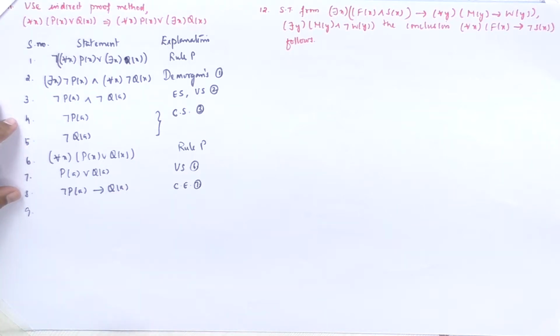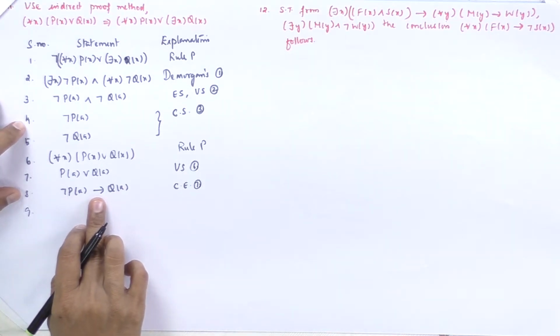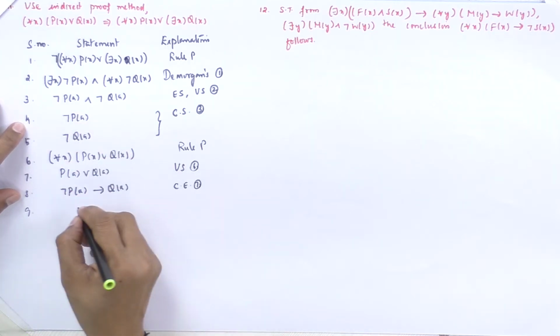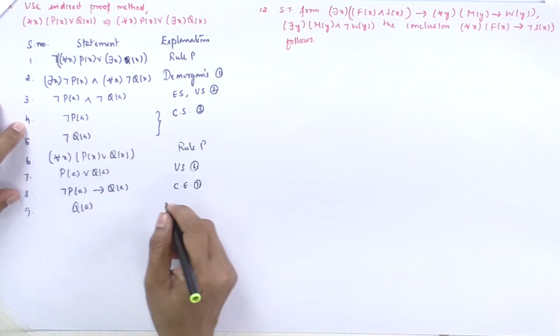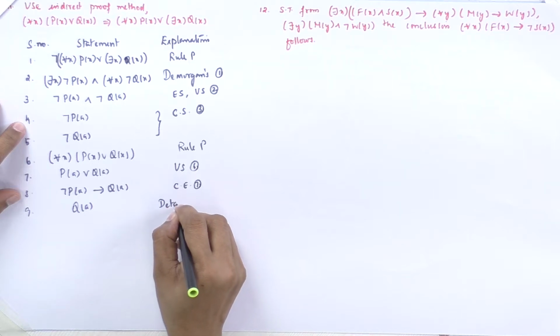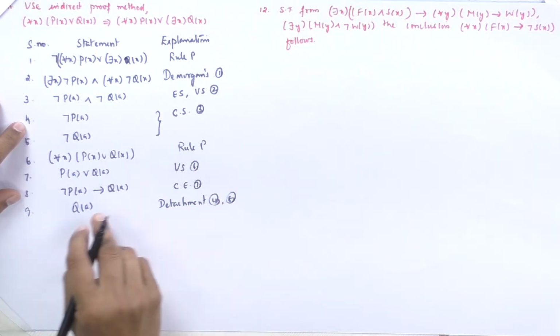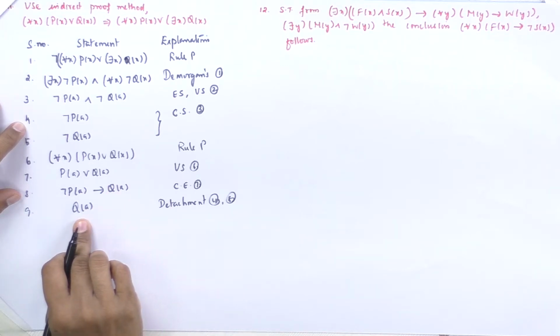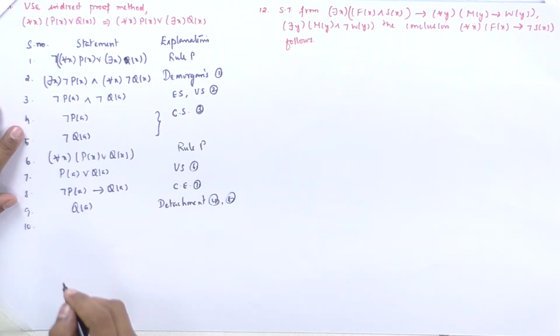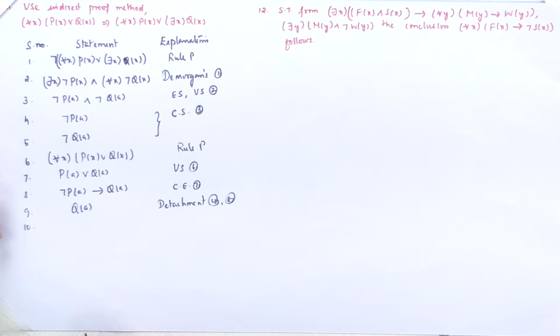Look at the 4th and 8th statements, we have not P of A and here not P of A, conditional Q of A. So, I can apply the law of detachment to 4 and 8, and we get simply Q of A. Our intention is to get the conclusion part as F. How do we get it? See here, I have the 5th step and the 9th step.